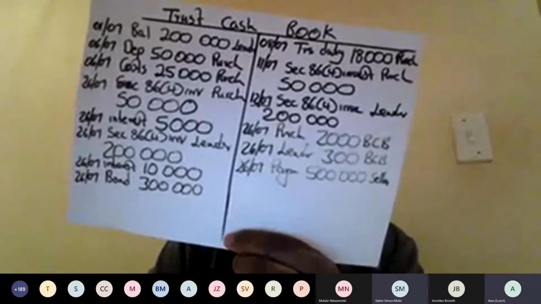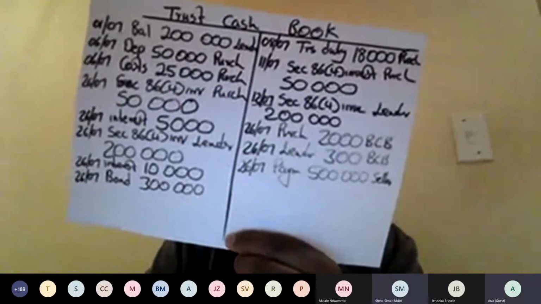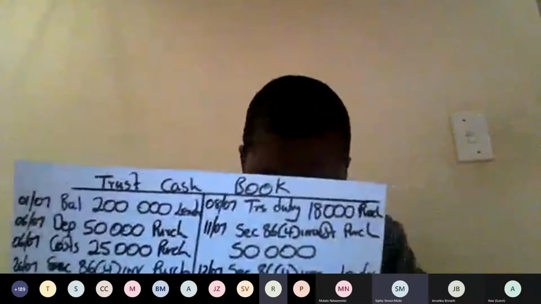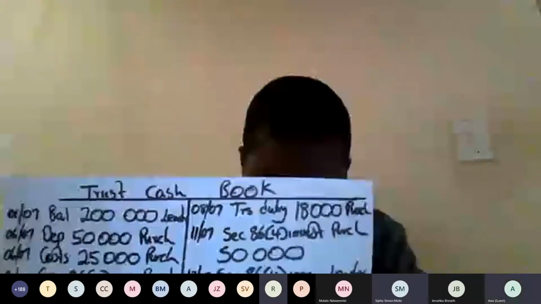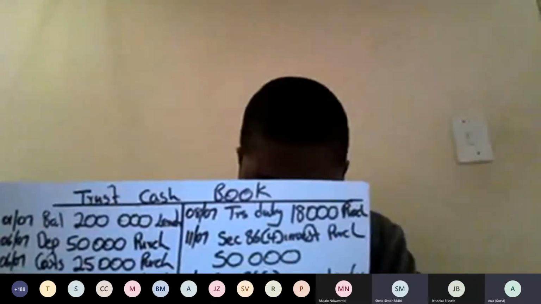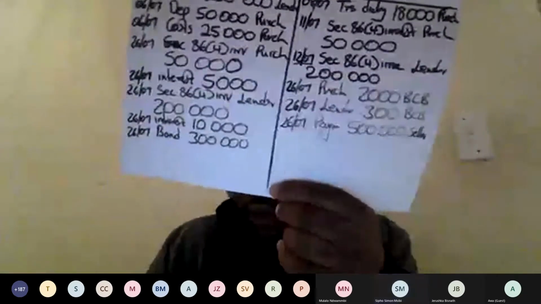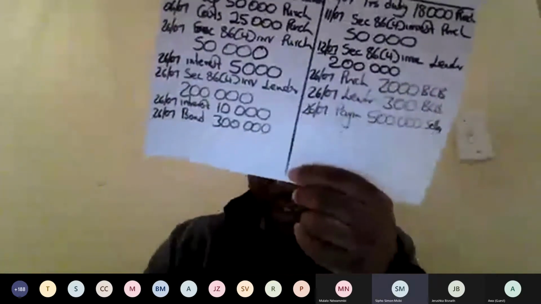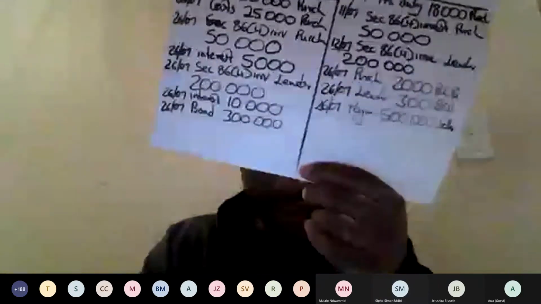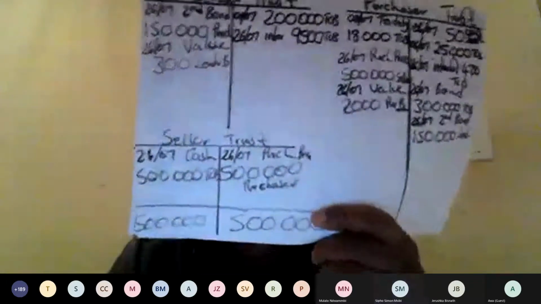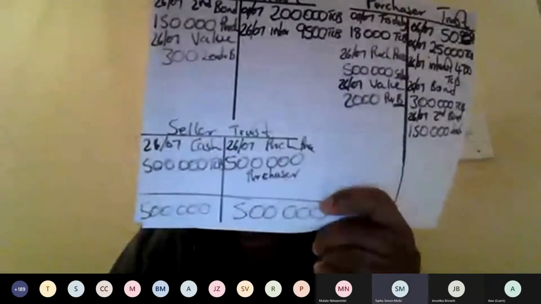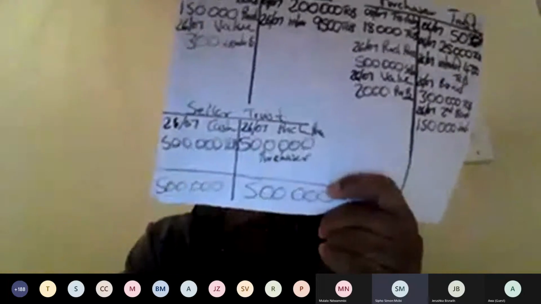That cash payment, 500,000 rands TCB. Your trust cash book is credited and the seller's trust ledger account is debited with the same amount of 500,000.